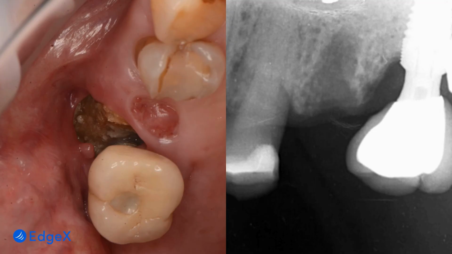We look at that radiograph and without seeing the clinical picture we wouldn't be able to assume that anything was wrong. So sometimes when we're looking at radiographs we have to remember that it is just an interpretation of a projected 2D image, and we've got no idea how vital or healthy that bone is in there without looking at histological slides.